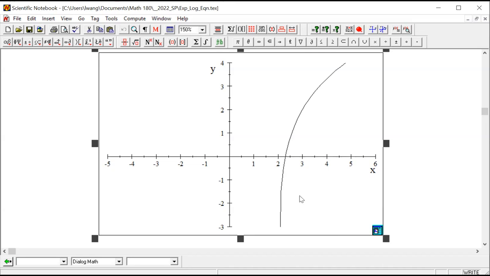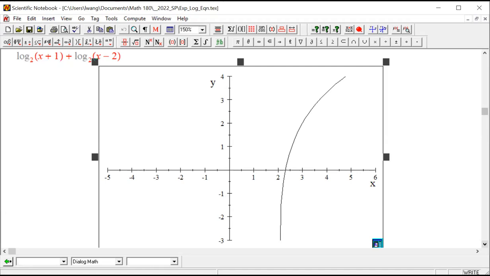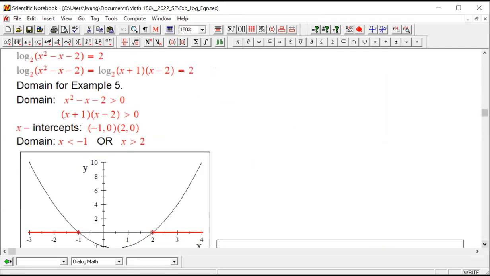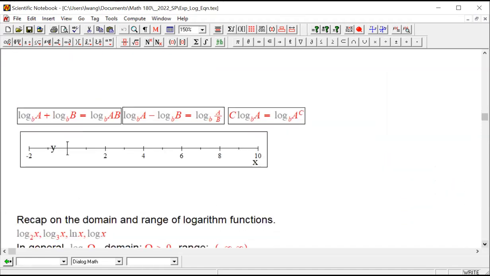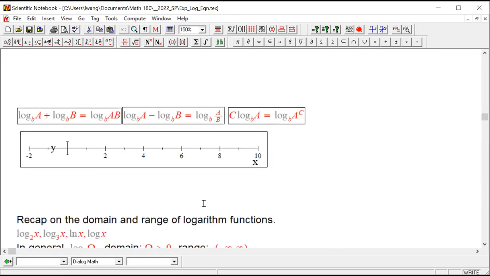Why? The fundamental reason is in the domain. So when we use the logarithm properties, the product rule, quotient rule, we need to remember and understand that anything you take a logarithm of must be positive.